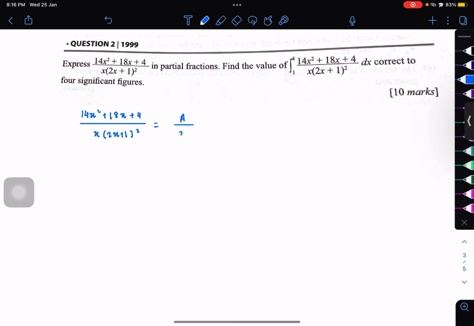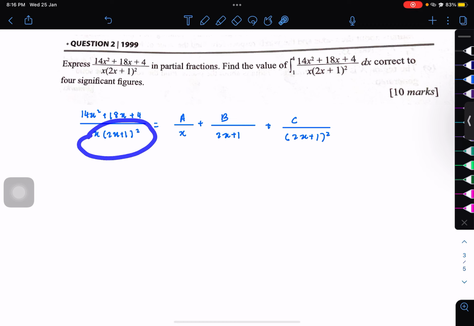Okay, A over x plus B, and B kita adalah over 2x plus 1. Kalau kita punya C adalah salin balik kita punya (2x plus 1) squared. Okay, this is the formula for partial yang macam ni lah.